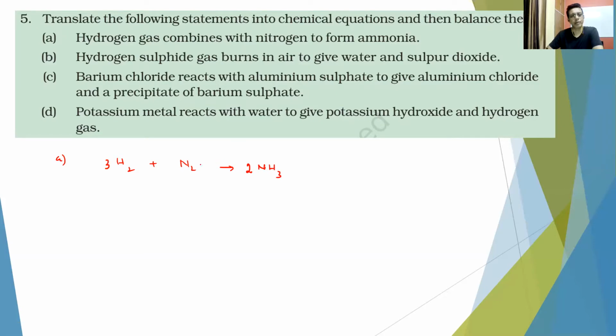Nitrogen is already balanced. Number B, hydrogen sulfide gas burns in air. So H2S gas burns means reaction with oxygen to produce water and sulfur dioxide. So balance it. Sulfur is already balanced.